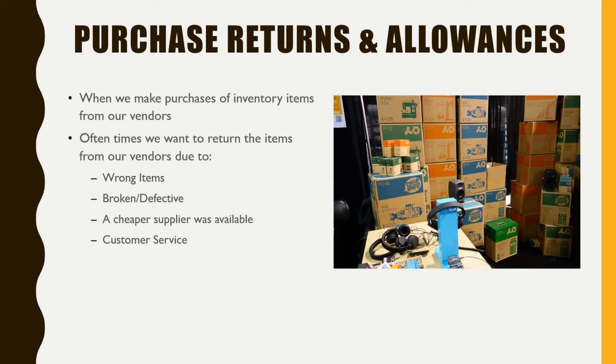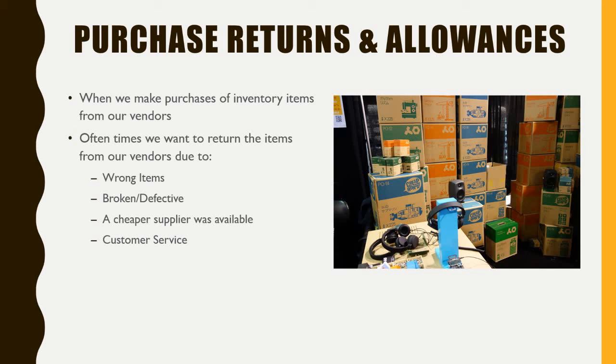You are reselling these items to the public, and it's basically the manufacturer's name on them. So if they send you broken items, you can't sell broken items. In this case, you can request any returns or allowances, because you're ultimately reselling these items at a higher price.